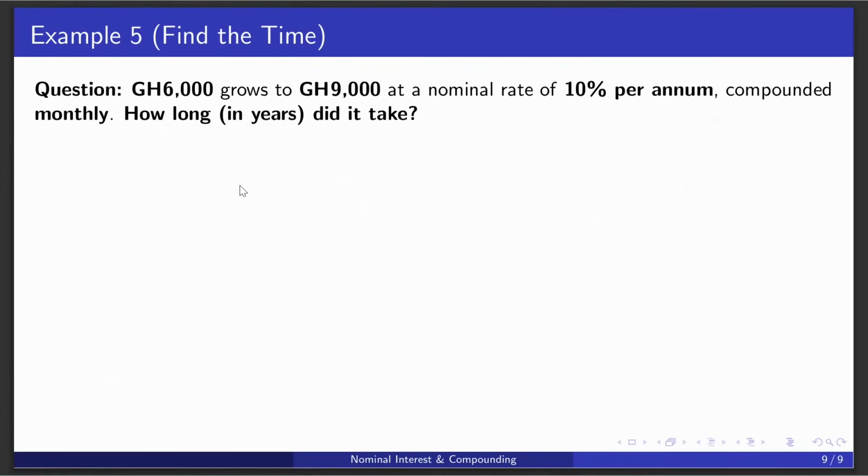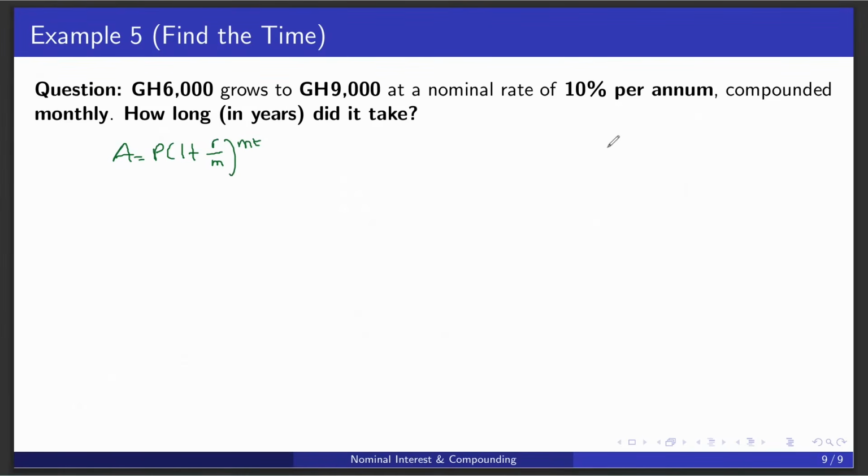Finally, 6,000 grows to 9,000 at a nominal rate of 10% per annum, compounded monthly. How long did it take? We have A equals P times 1 plus R over M to the power M times T. You should have gotten used to the formula by now.